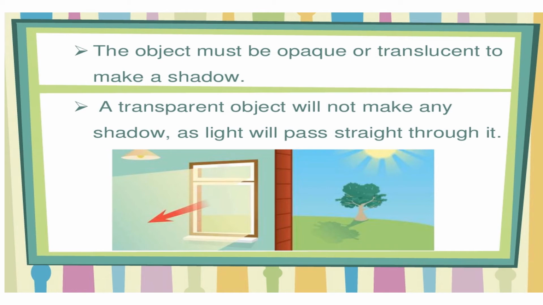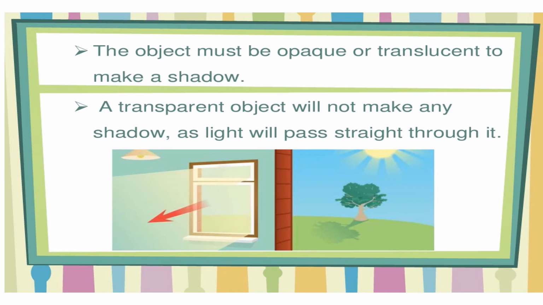That's excellent. Now, an opaque object is an object that doesn't allow light to travel through it. Do you remember we did an experiment in class about that? An example we used was our tables, the teacher's table and the student tables.